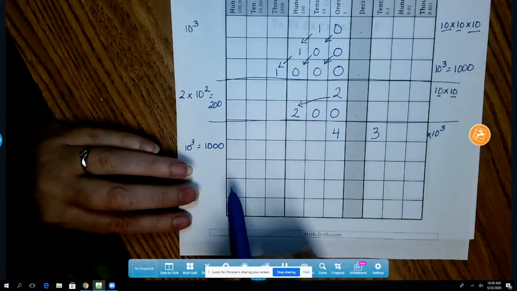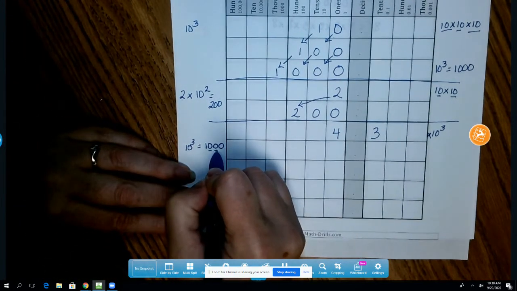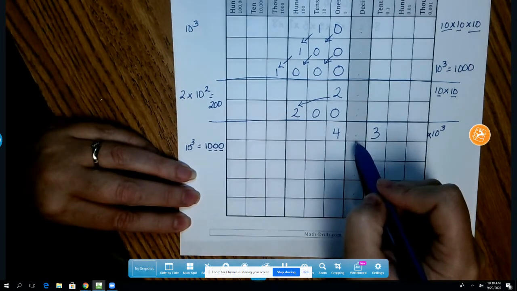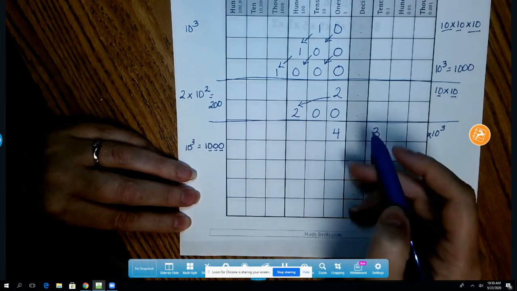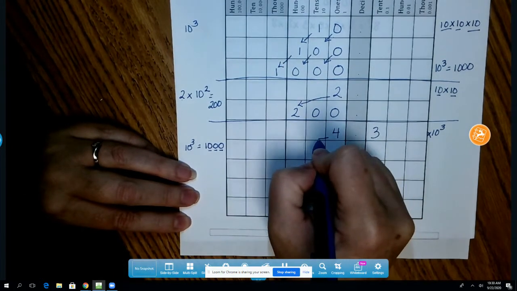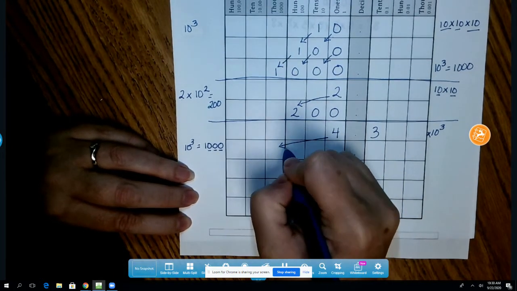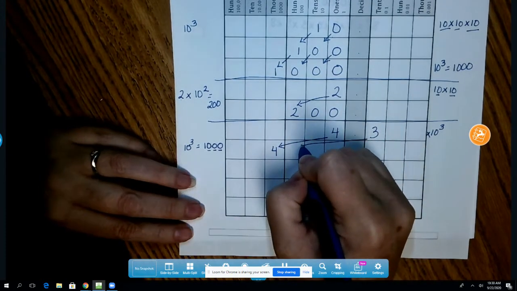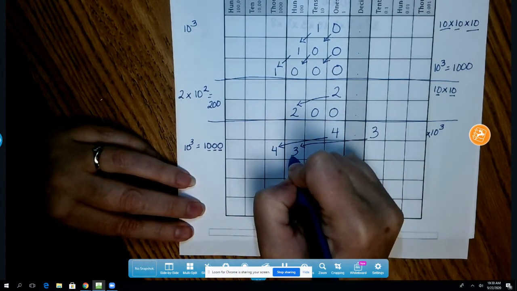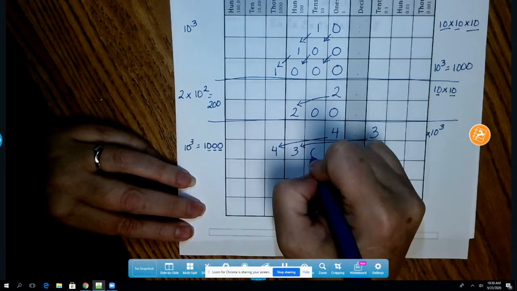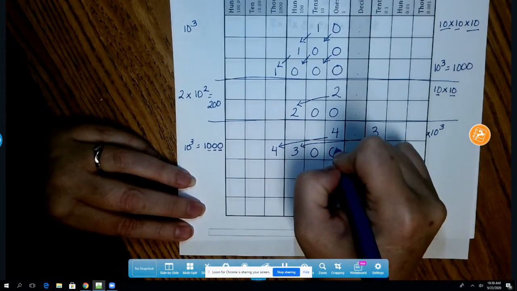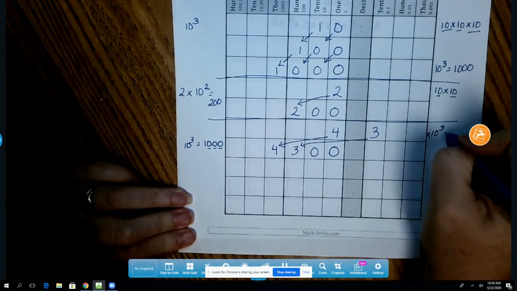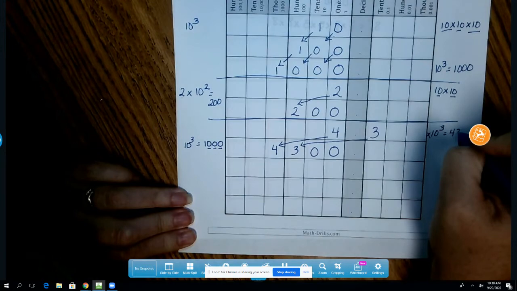So now that I know that there are 3 zeros here, I know how many spaces my 4 3/10 needs to move. 1, 2, 3. And then I need to have placeholders. So my answer would be 4,300.